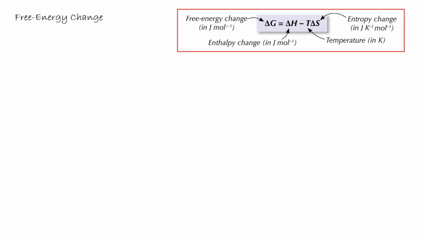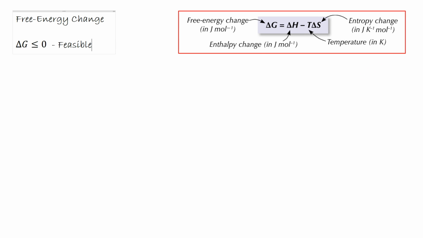So we're now going to look at free energy change, what it means, how we can calculate it, and what it means in terms of feasibility of reactions. The free energy change is given the symbol delta G, and it describes a measure of whether or not a reaction is feasible.